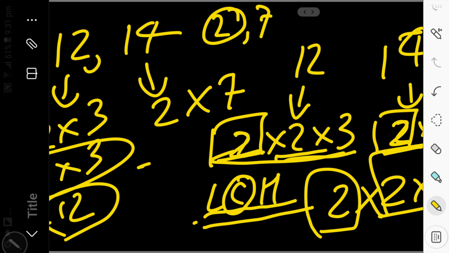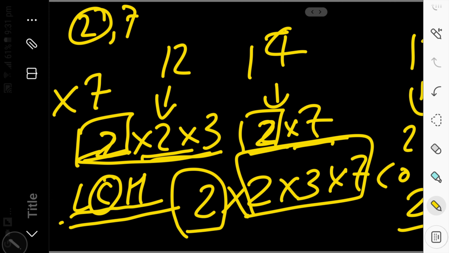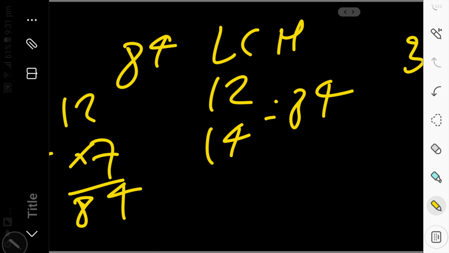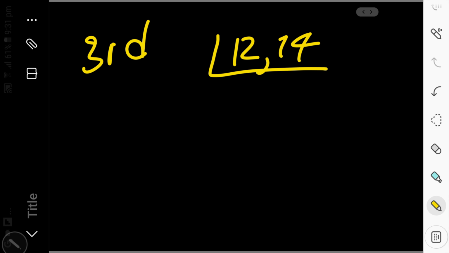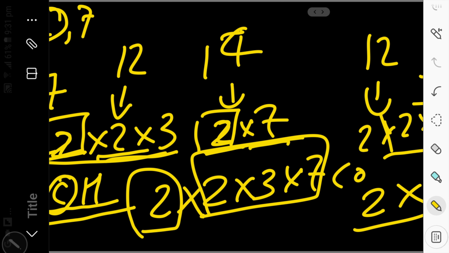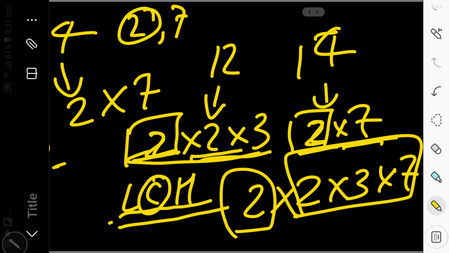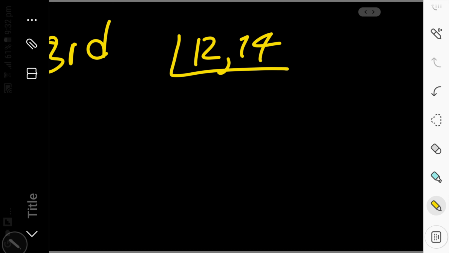What we did here was break down into multiples. We skip some steps. Here, rather than breaking down, we divide them, so we can get this breakdown. Most people find it hard to break down the number, so we can use this method to get the breakdown number.